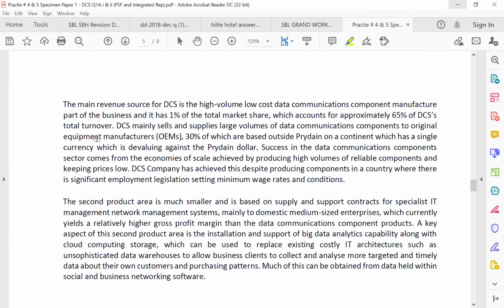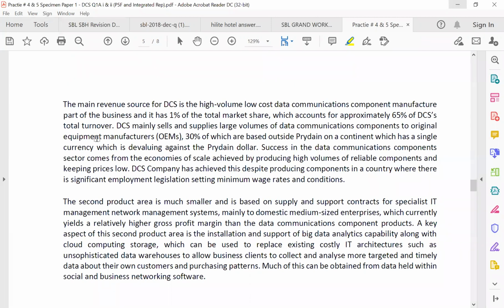The second product area is much smaller and is based on supply and support contracts for specialist IT network management systems, mainly to domestic medium-sized enterprises, which currently yields a relatively higher gross profit margin than the data communication component product.